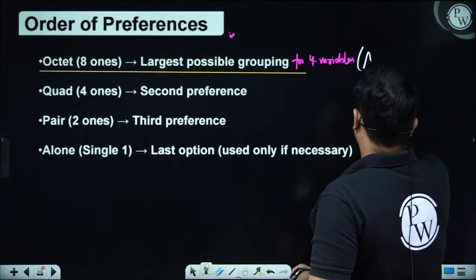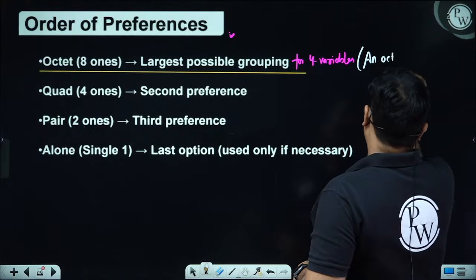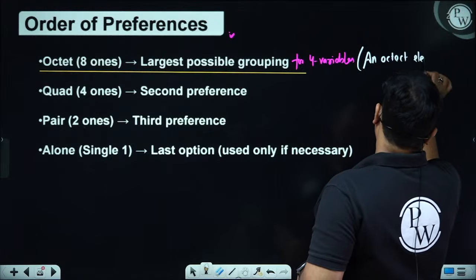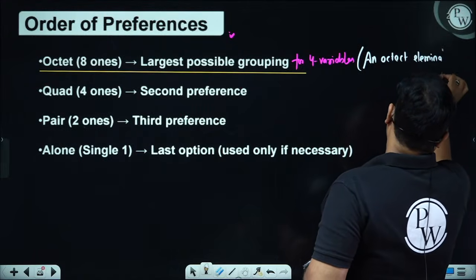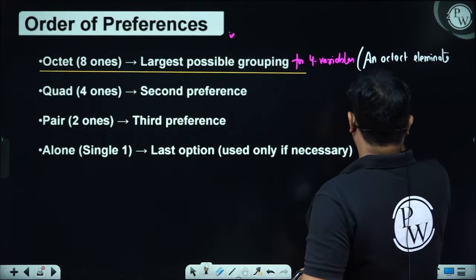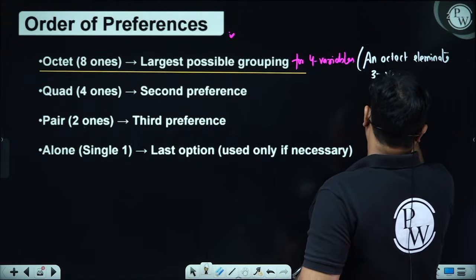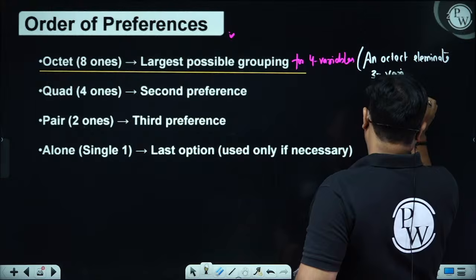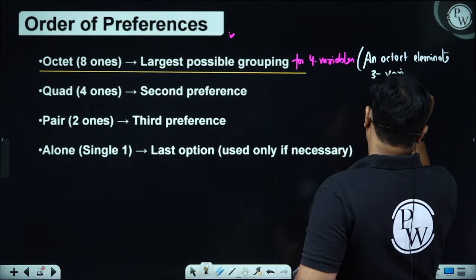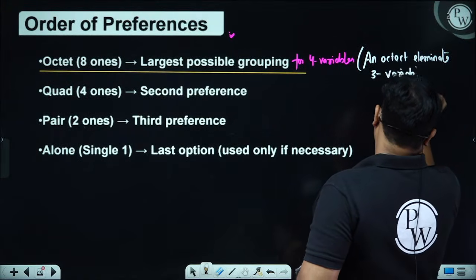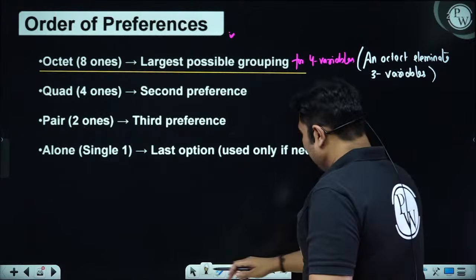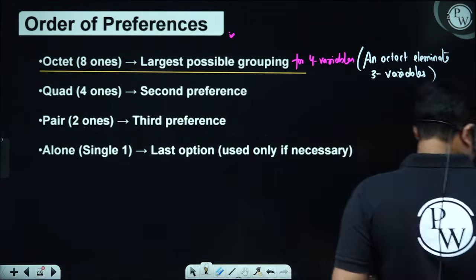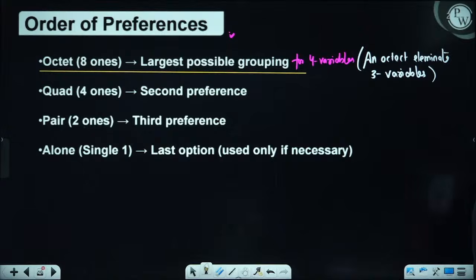Now octet has the highest preference. An octet eliminates three variables. Please write down, beta ji.